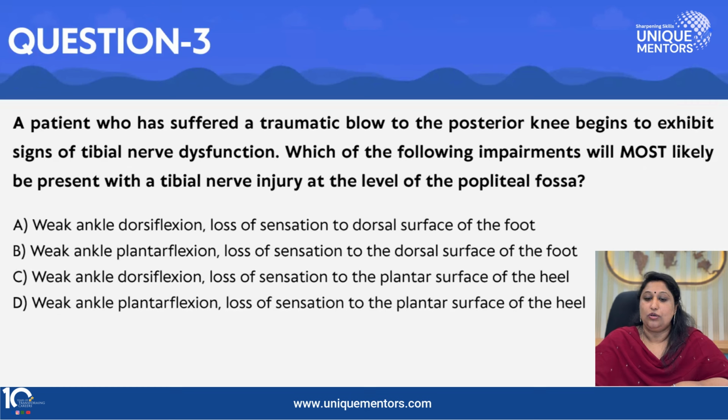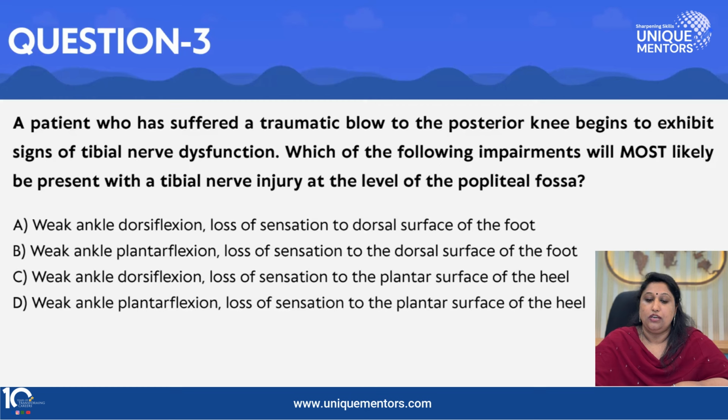A patient who has suffered a traumatic blow to the posterior knee begins to exhibit signs of tibial nerve dysfunction. Which of the following impairments will most likely be present with a tibial nerve injury at the level of the popliteal fossa? Option A is weak ankle dorsiflexion, loss of sensation to the dorsal surface of the foot.